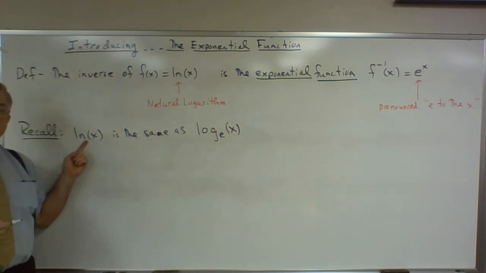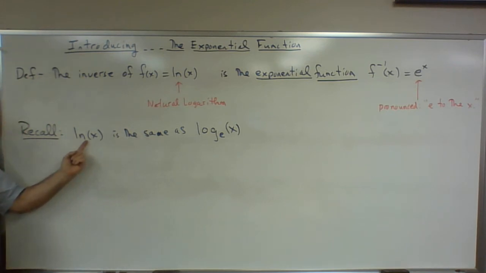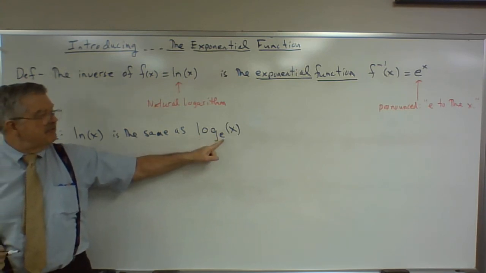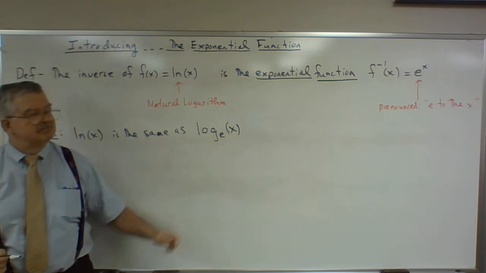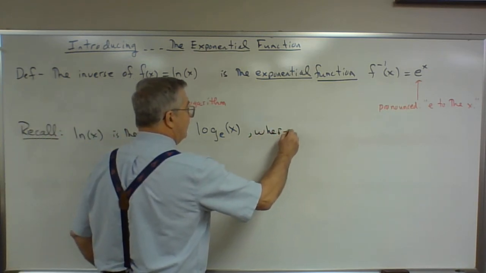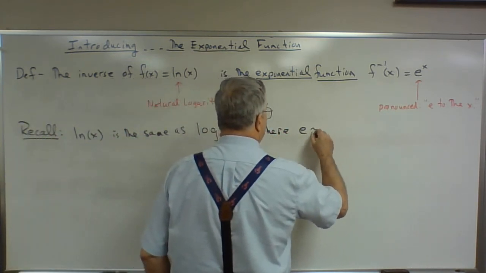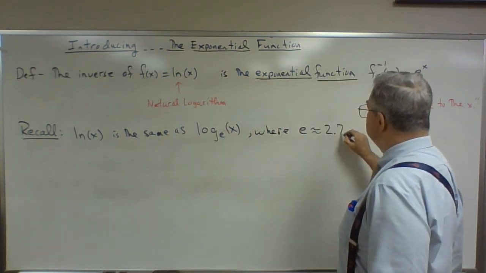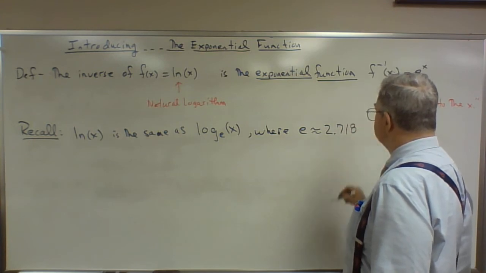This thing that we call the natural logarithm of x is the same as the logarithm base e of x, where e is approximately equal to 2.718.